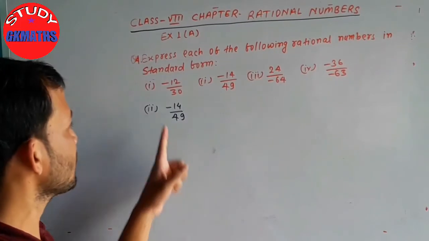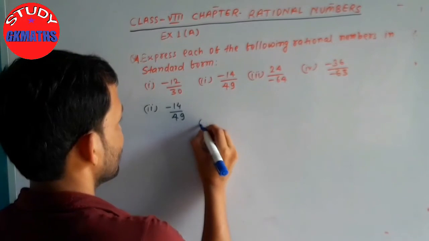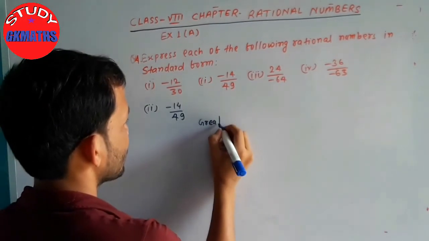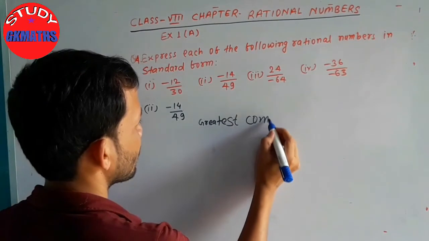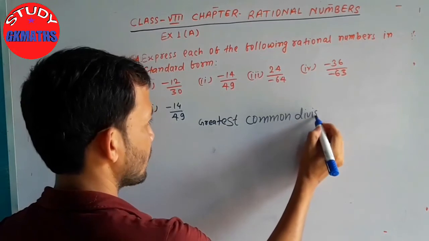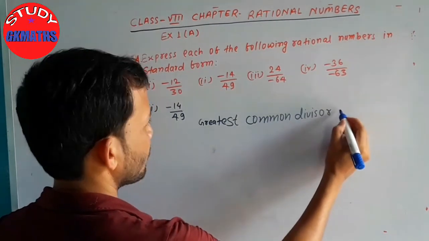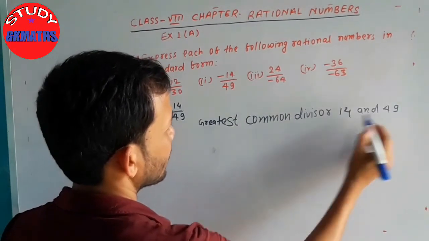The second question is here: minus 14 by 49. Greatest common divisor of 14 and 49.